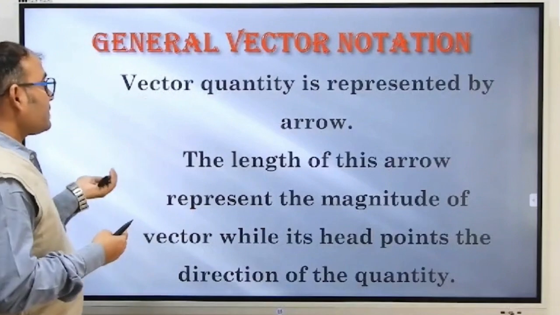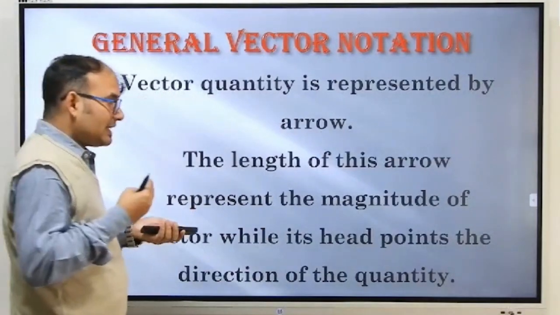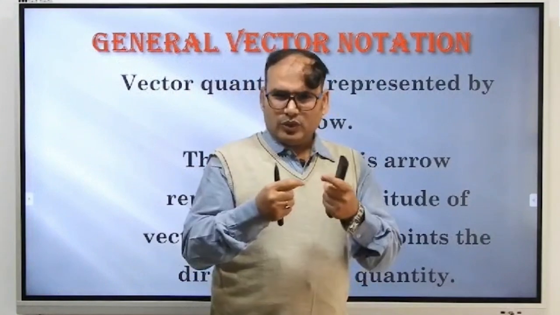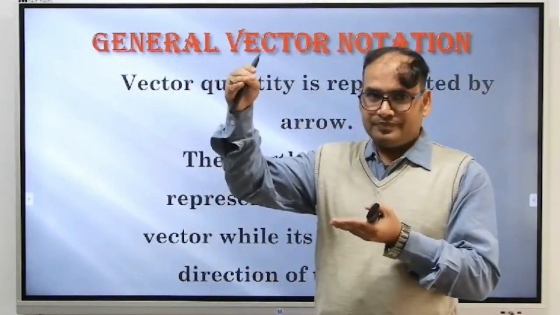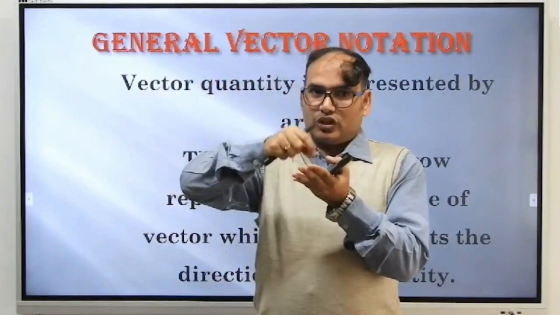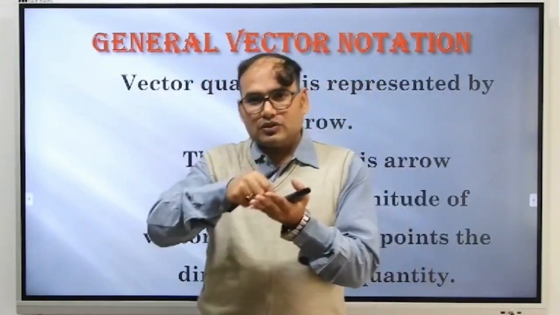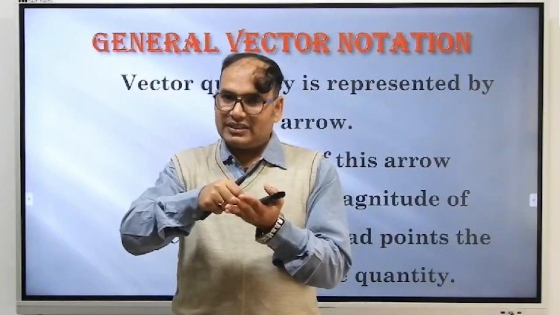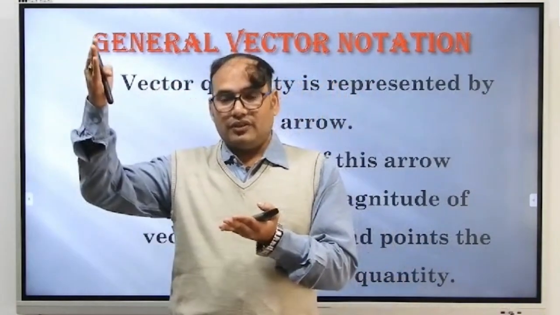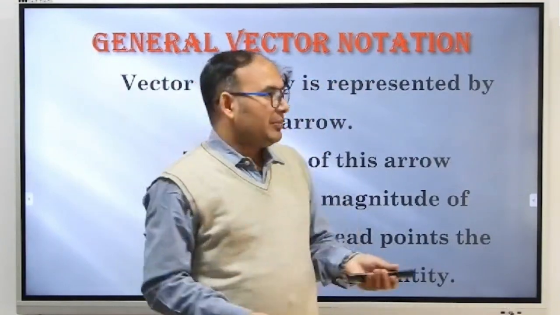General vector notation: how can we represent a vector quantity? A vector quantity is simply represented by an arrow. The tail of that arrow shows the starting point of that particular vector, and the head of the arrow gives the direction of that quantity.